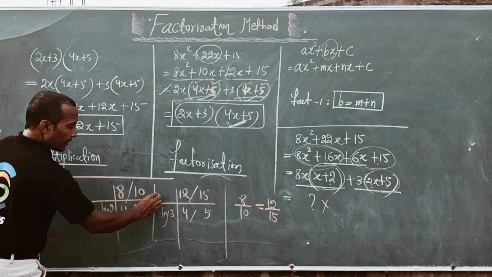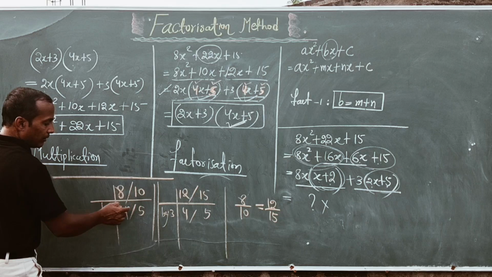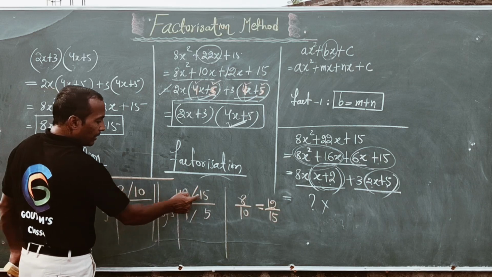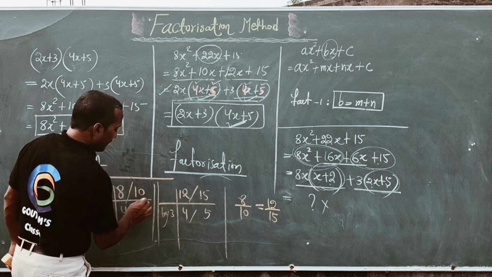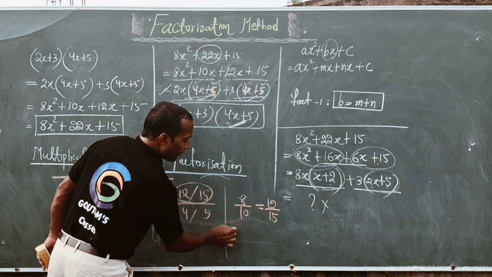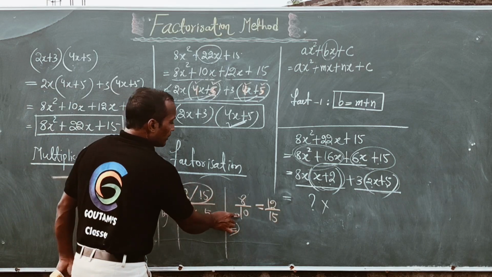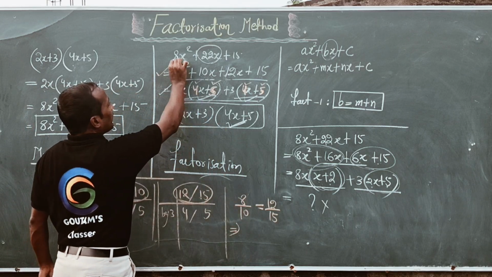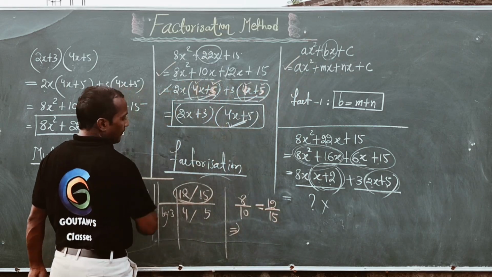From here you can understand, when you divide 8 and 10 by 2, you get 4 and 5. So 8 by 10 will be 4 by 5. When you divide 12 and 15 by 3, you will get 4 by 5. That means 8 by 10 will be equal to 12 by 15. So I wrote it. Now from this, I'll formulate. If you compare this step with this step, you can understand that a is 8.